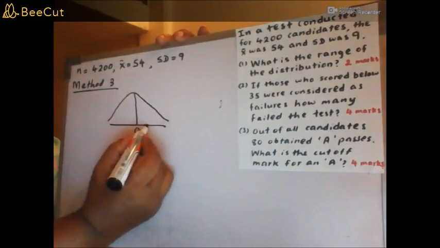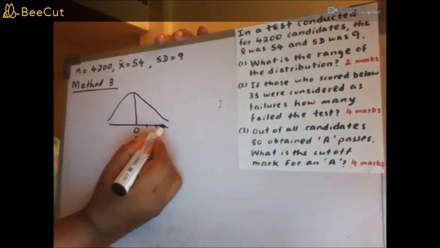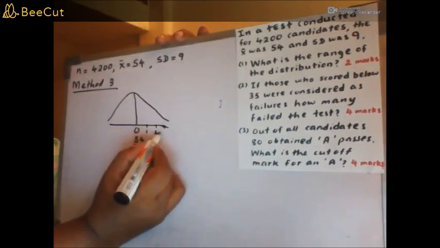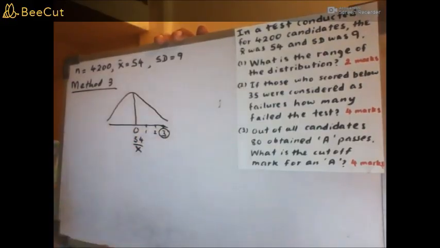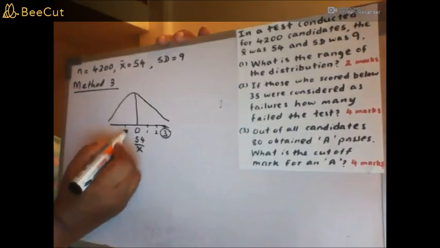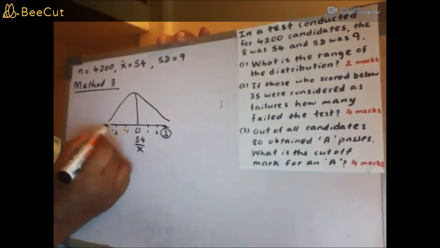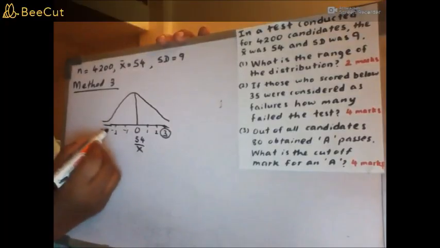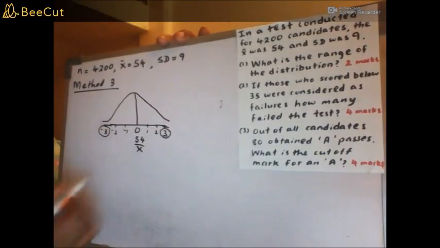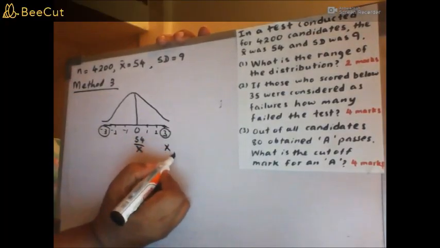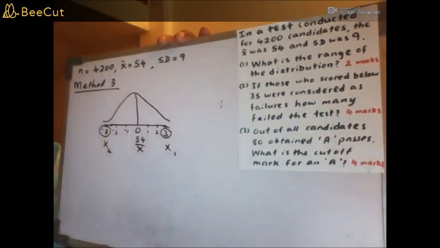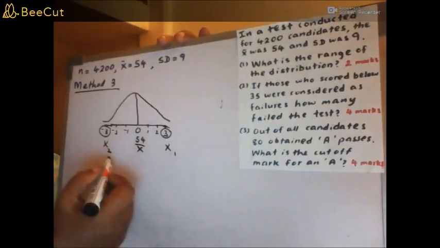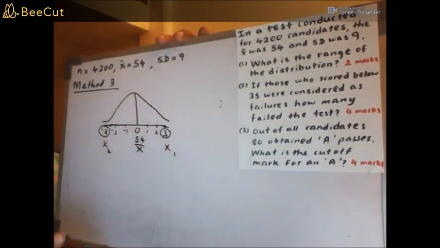Then you know that there are 3 standard deviations. Here 1, 2, 3, this is the highest. And on this side minus 1, minus 2, minus 3, this is the lowest z. Now you have to find x1, highest, and x2, the lowest mark. Then we can find the range.